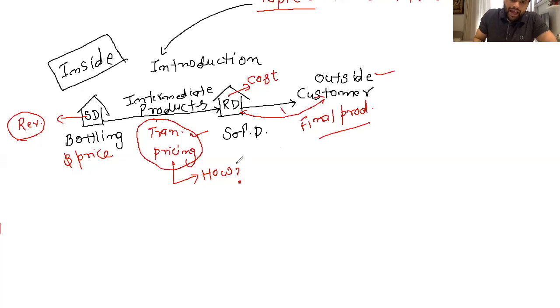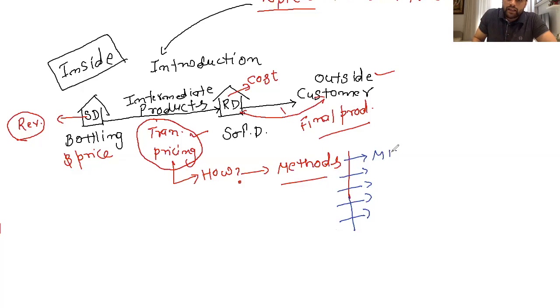In order to estimate the price, we have methods. We have 5 methods. The first method is market based transfer pricing.